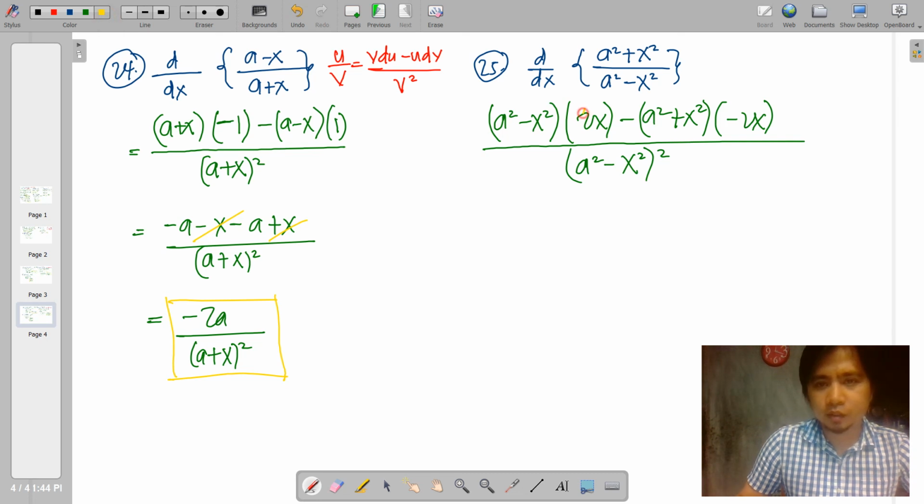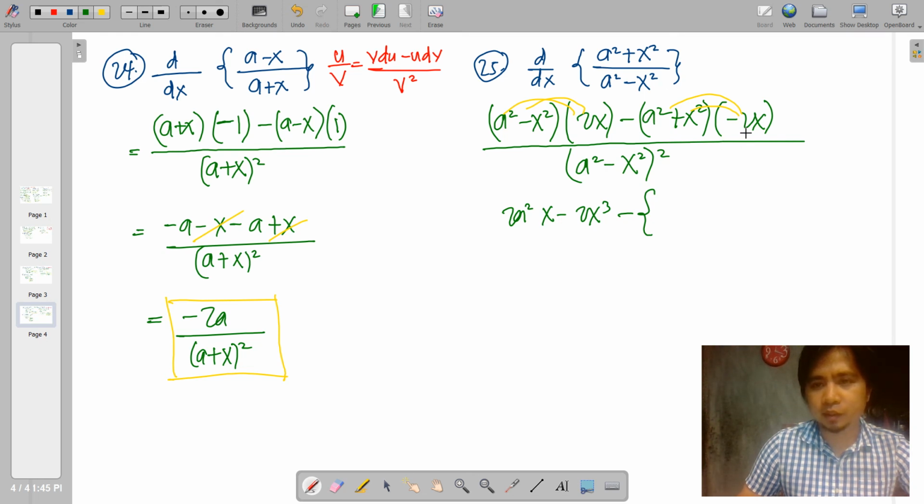Okay. So here we'll just have to, of course, distribute natin to, pati to. Okay, and then simplify. So we have here 2a squared x minus 2x cubed minus, okay, for our guidance, lagi tayong mag-shield dito so that we minimize errors in the sign.